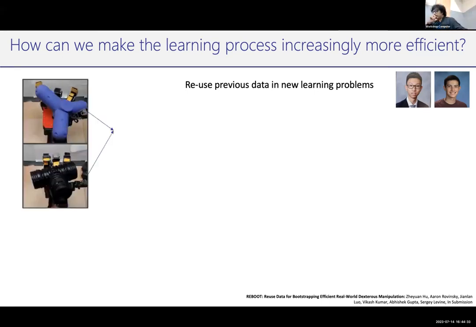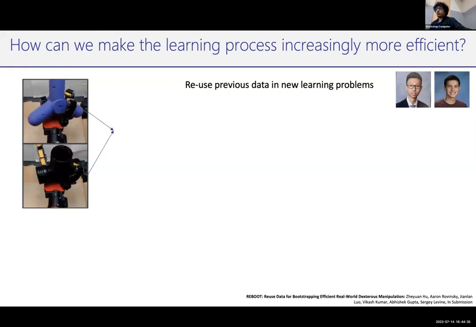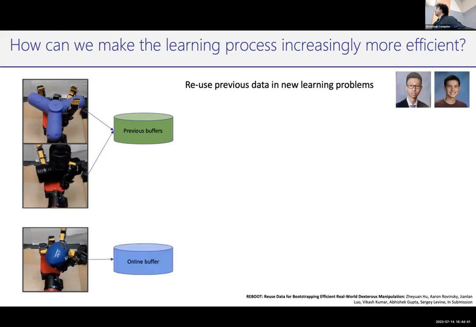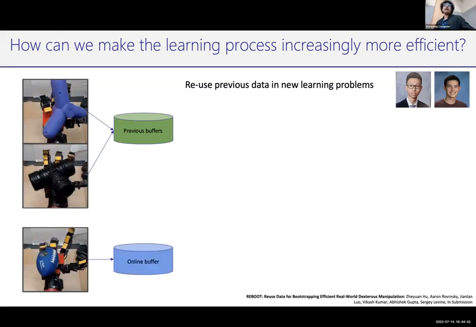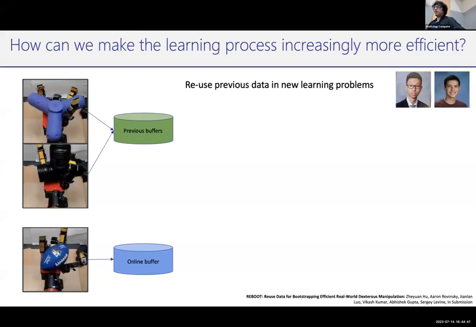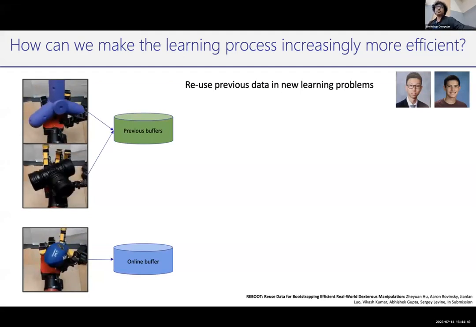So let's say you had these two objects that you trained before. You have data from the training process of both of these objects, and then you have a new object, and you're learning how to do this in-hand orientation for this new object. All you're going to do is combine the data from the previous buffers and the new buffer, and that's going to give you a big boost in learning efficiency, right?